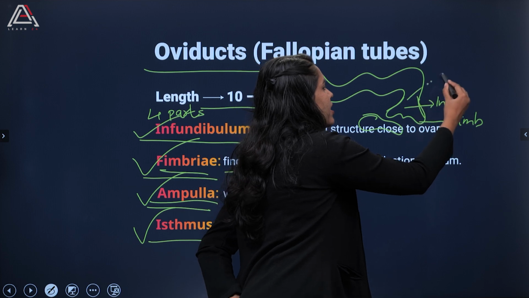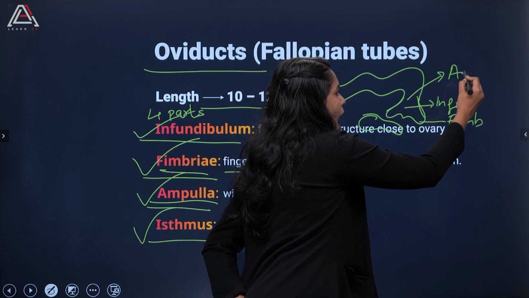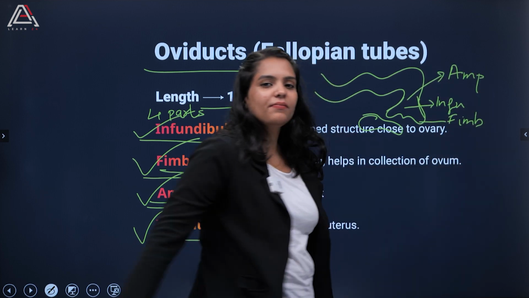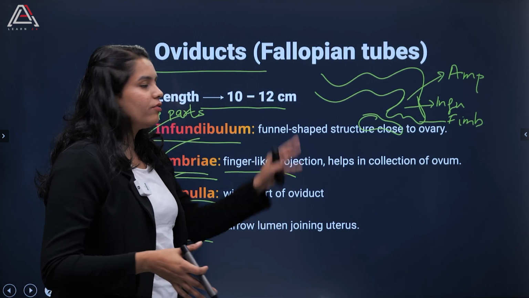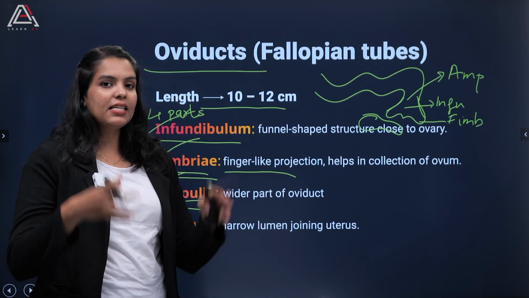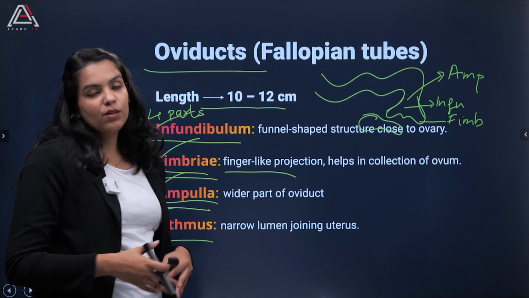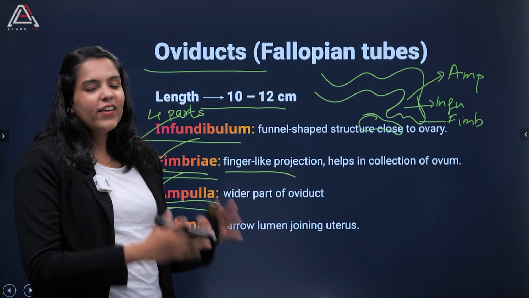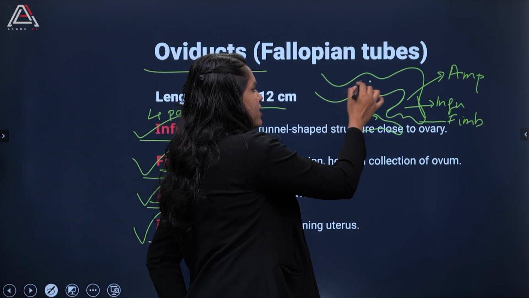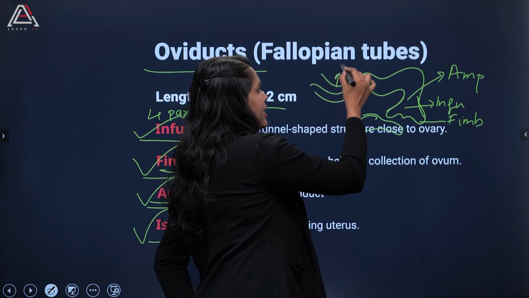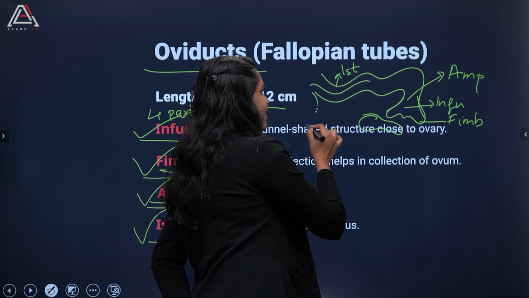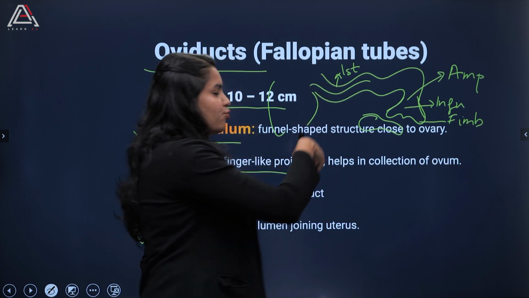Next is the ampulla, which is the wider part of the oviduct. And the isthmus is a narrow lumen which leads to the uterus.